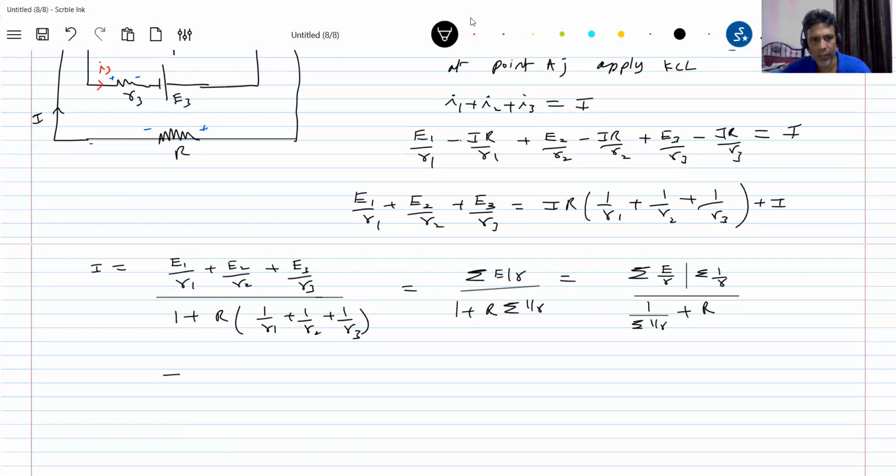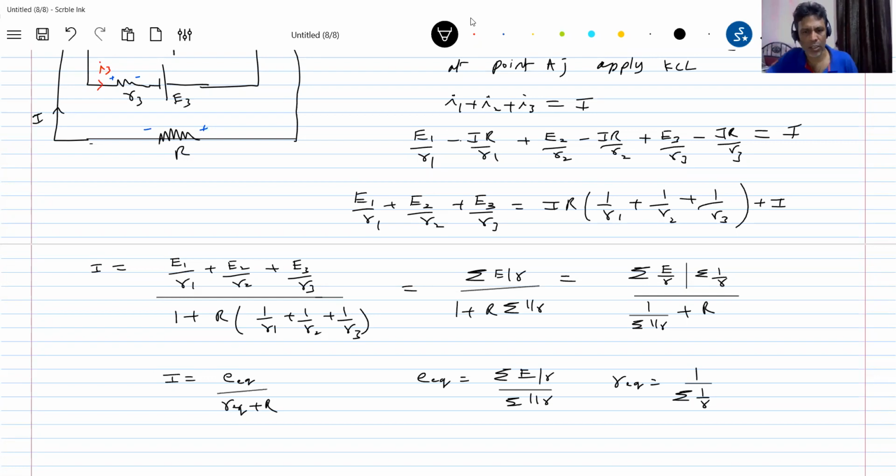So the expression for current I, this quantity I'll call E equivalent, and this is R equivalent plus R. So what is E equivalent? Summation of E by R divided by summation of 1 by R. What is R equivalent? 1 by summation of 1 by R. I think this is one formula which you have to remember.